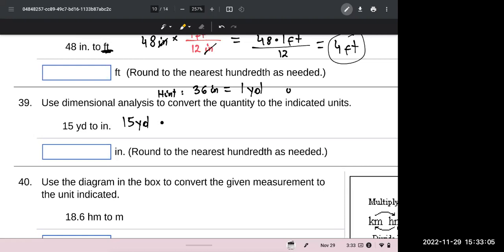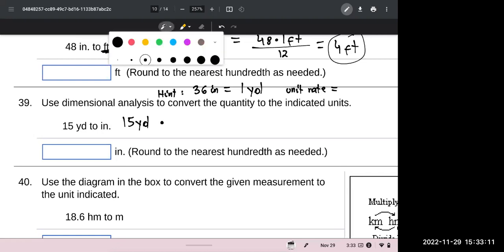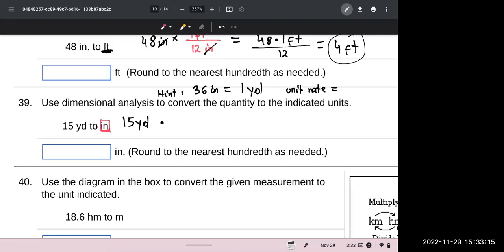So you need to create that unit rate. So for the unit rate, your new units stay in numerators. Our new units are inches. So 36 inches stays in numerator, 1 yard stays in denominator. So I multiply 15 yards by 36 inches over 1 yard. Okay, that's my unit rate.